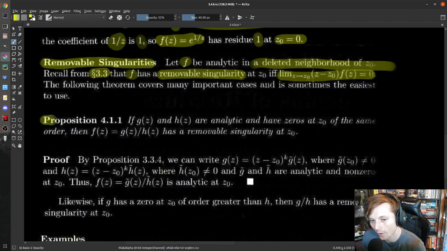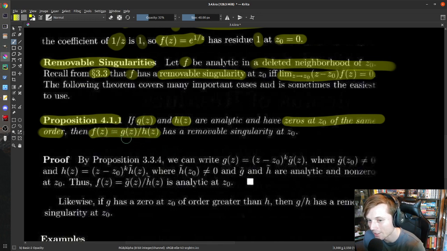Proposition 4.1.1: if g of z and h of z are analytic and have zeros at z naught of the same order, then the function formed by taking g of z divided by h of z has a removable singularity at z naught. That is, having a removable singularity, the archetypal case, really the only case, is the case where you have zeros of the same order, or you have the numerator with a zero of a higher order.